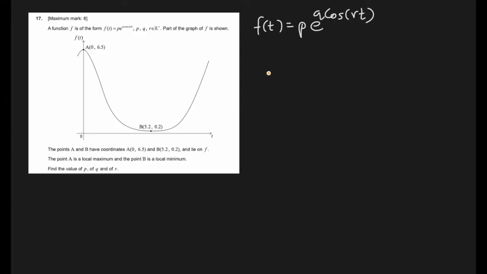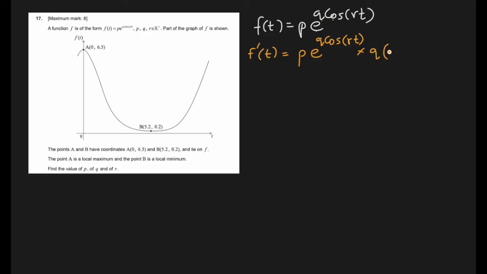Okay. So, first of all, we should see that these are turning points, maximum and minimum, right? So what can we do? We can find the first derivative of this one. So P is a constant, it is untouched, and e to the power q cos rt will remain what is here. But further we will differentiate the exponent and multiply with this by chain rule, right? So q is a constant again, so q remains q.